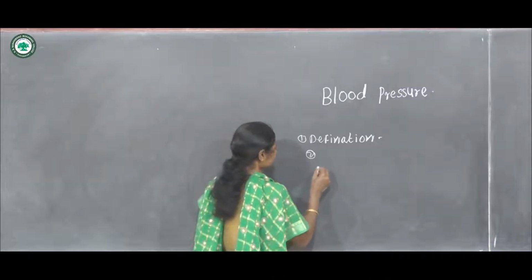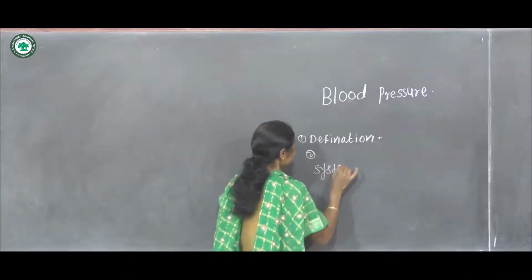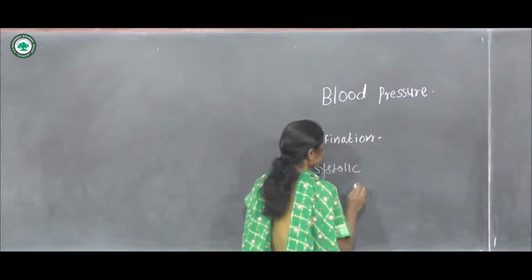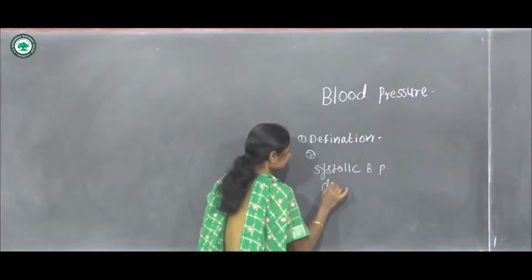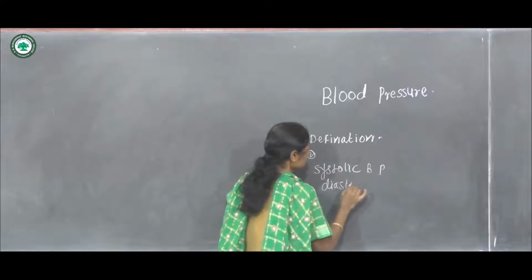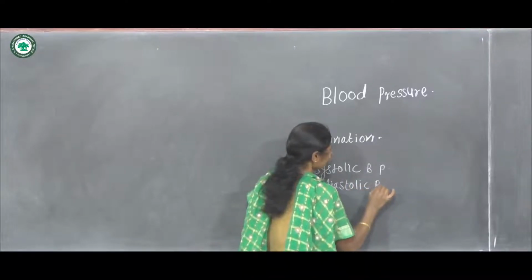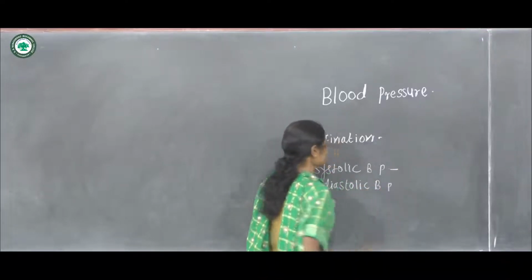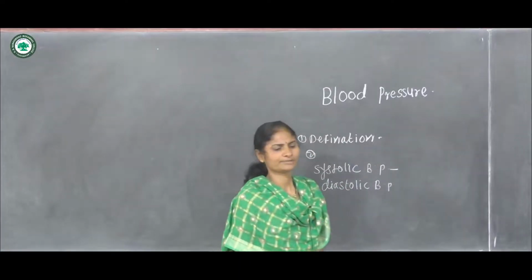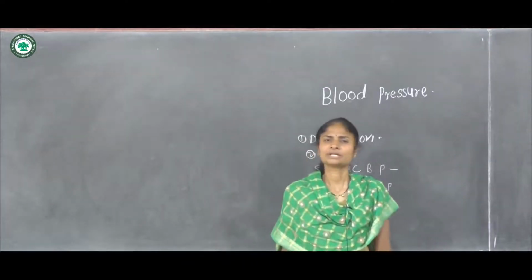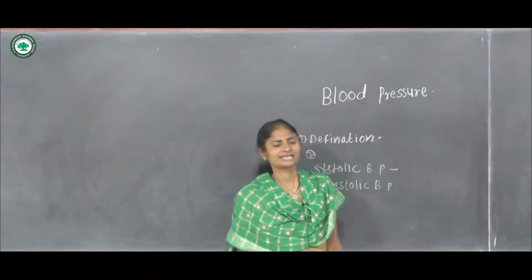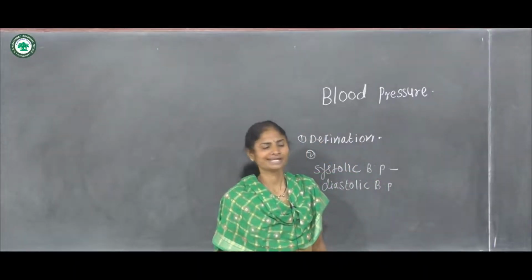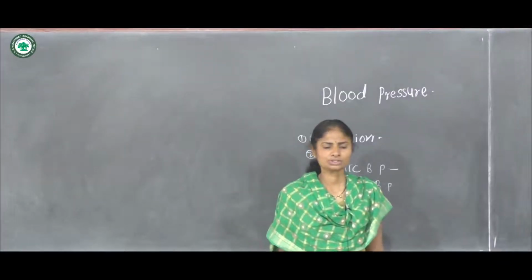Blood pressure is measured in two terms. The first term is systolic blood pressure and the second term is diastolic blood pressure. What is meant by systolic blood pressure? Systolic blood pressure is defined as the force exerted by arterial walls during systole.